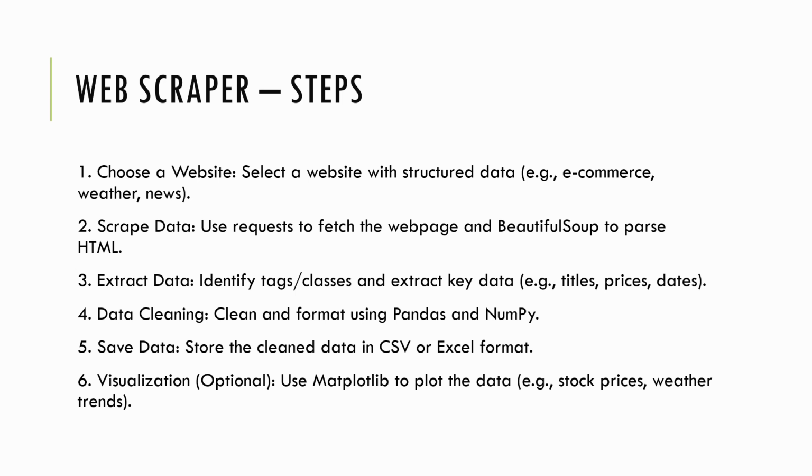Identify the HTML tags or classes that hold the relevant information and extract it. Clean and format the data using Pandas and NumPy. Save the cleaned data in a structured format like CSV or Excel. Optionally, you can visualize the data with Matplotlib, for example, by plotting trends in stock prices or weather patterns.